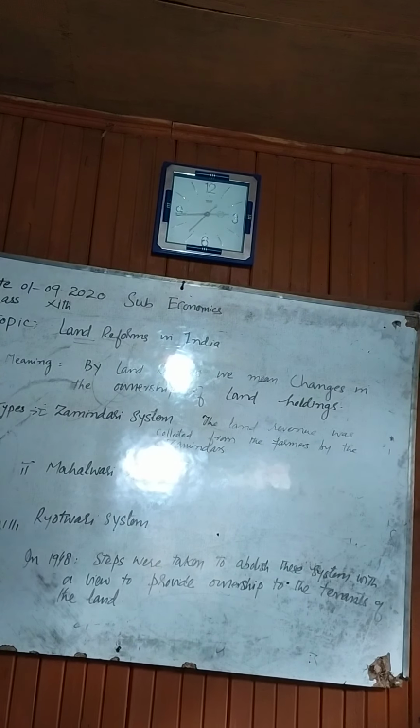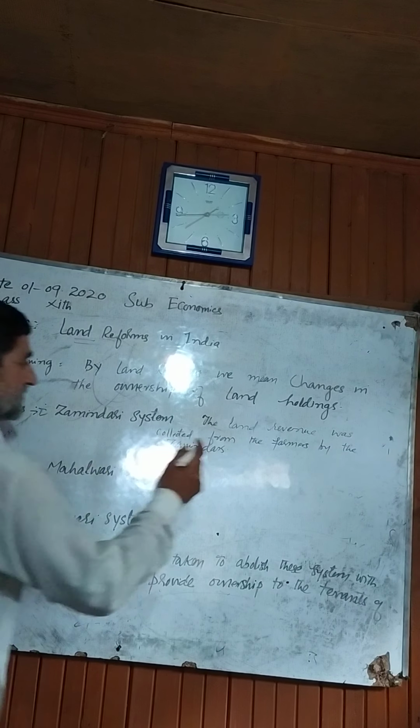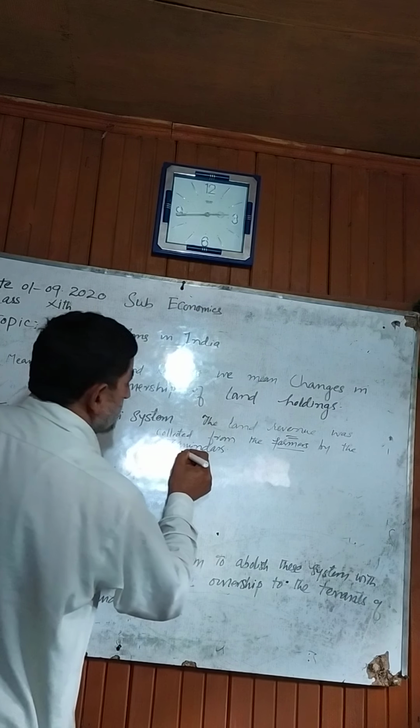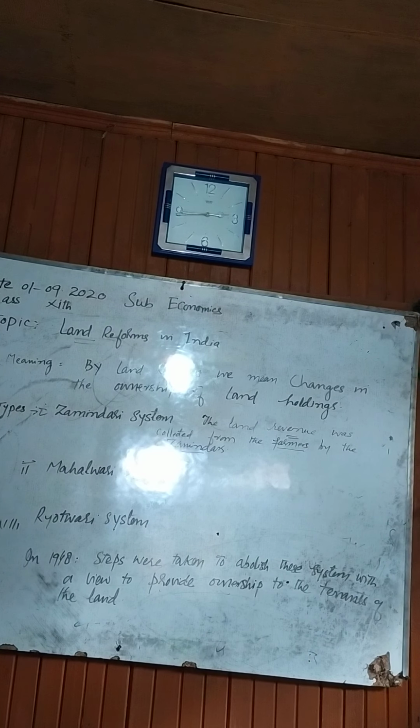Here the land revenue was collected from the farmers, meaning the tenants, and it was collected by the zamindars, the owners of the land.